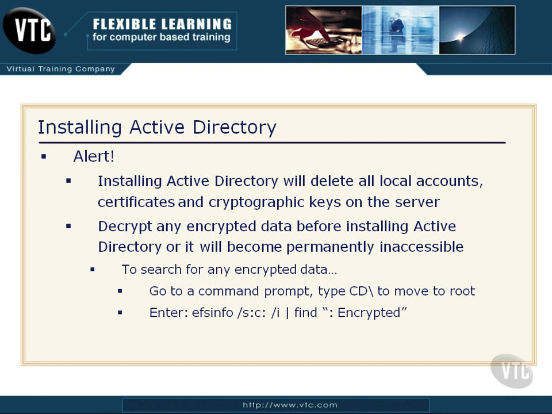Let me step through this with you: efsinfo /s:C: because I want to start at the root of the C drive. There's another switch I won't get into right now. Then this is the pipe command, the vertical pipe, and this is going to pipe it out to find encrypted, and you will see the results for any encrypted information that's on that machine.